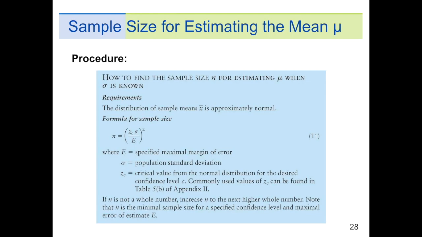How to find the sample size n for estimating mu when sigma is known. Requirements: the distribution of sample means x bar is approximately normal.